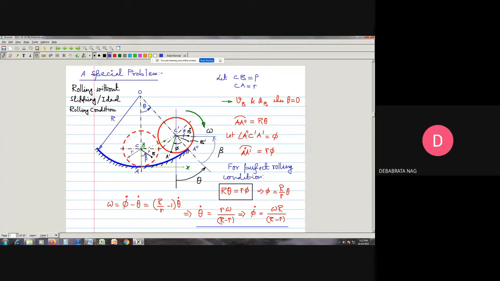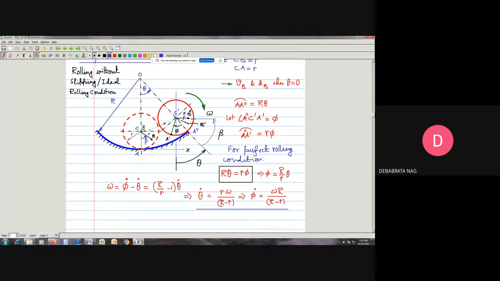We can write that the angle between B double dash C dash and B dash is going to be equal to phi.